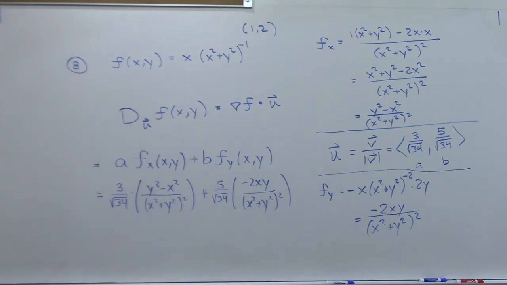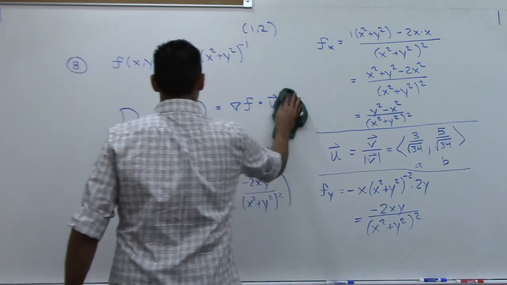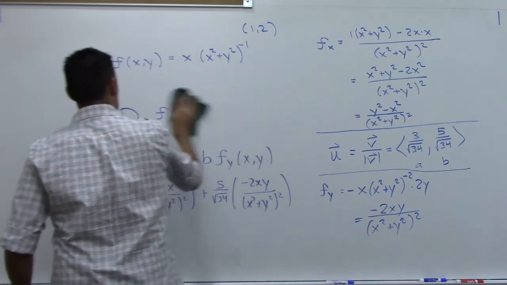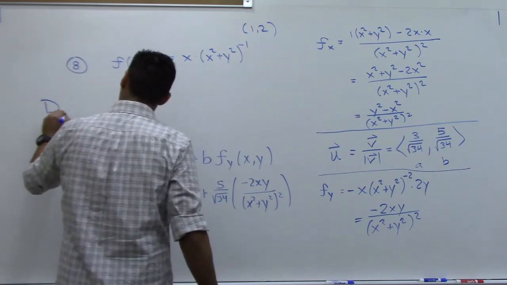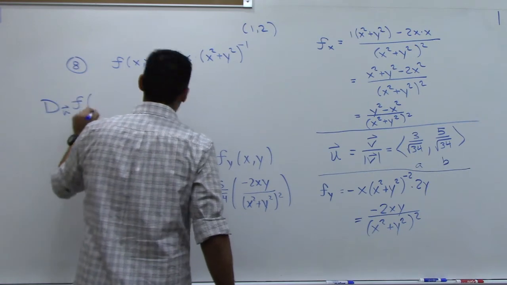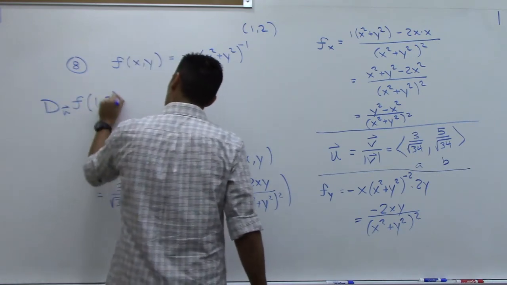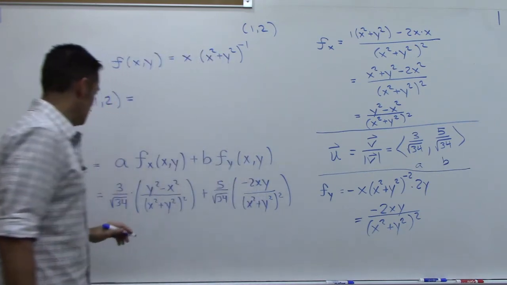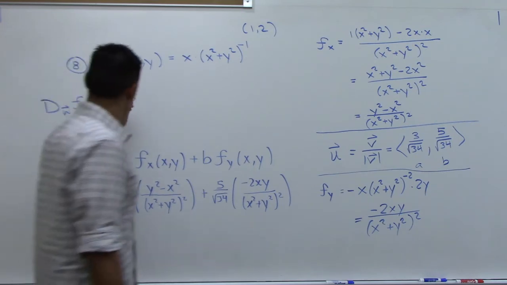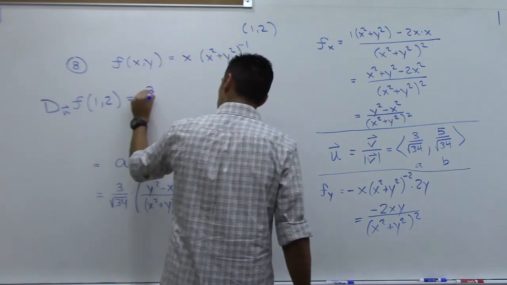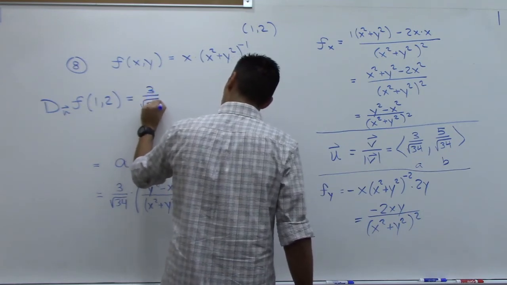Now I need to do it at that point. So now I'm going to plug some values in. So the directional derivative in the direction of u of the function at the point (1, 2) is equal to, so what happens if I plug in 2 for y and 1 for x? So 3 over root 34.